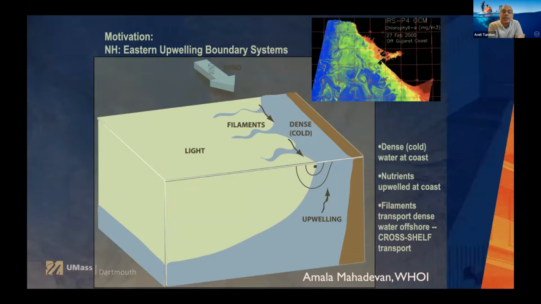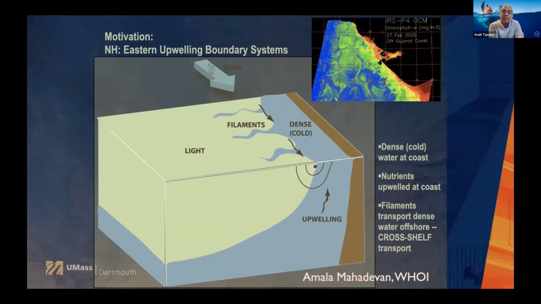So what we see here are winds coming from the north, and as they come from the north, there is, of course, Ekman transport to the right of the wind. So that brings up this cold, nutrient-rich water from below, and basically has a surface jet which is in geostrophic balance with cold water towards the coast and lighter, warmer water away from the coast.